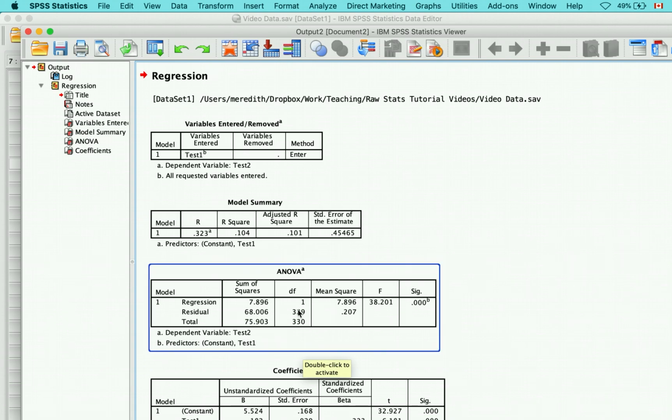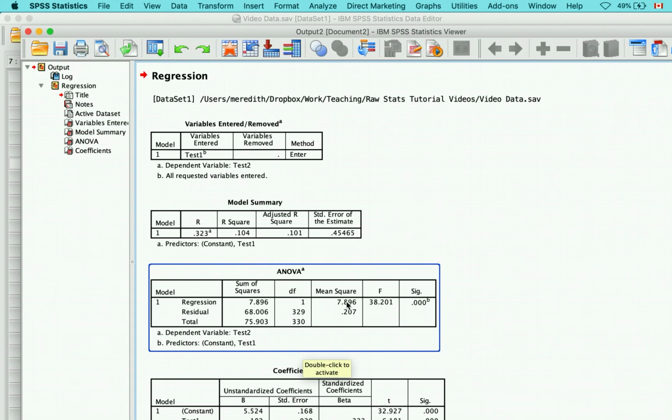Then we have the degrees of freedom for the model, for the error, and then total degrees of freedom. And if you recall, for a simple regression, the first degrees of freedom is always going to be one, and then the second one is based on your sample size.